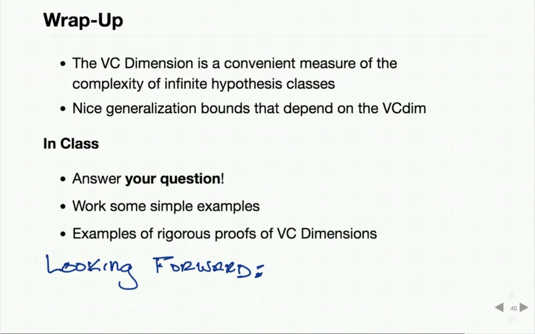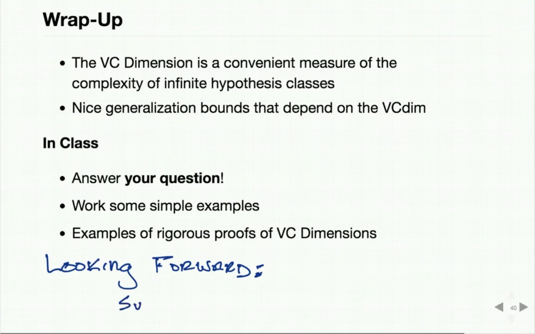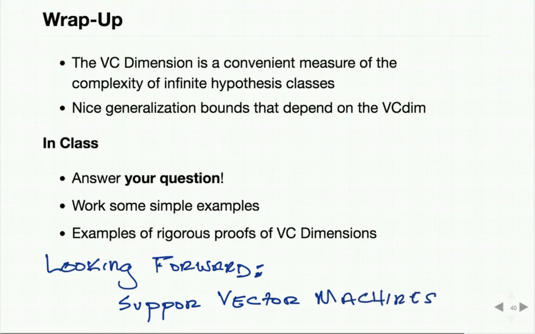A specific flavor of these margin maximizing classifiers is called support vector machines. We're going to spend a significant amount of time talking about support vector machines. And at the end, we'll talk about how, in the case of support vector machines, you get really nice generalization bounds that give you way better results than you normally would expect.